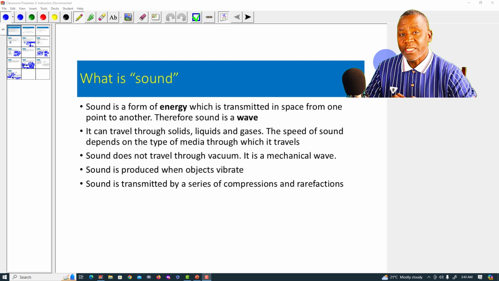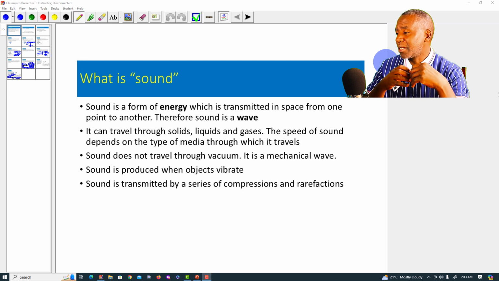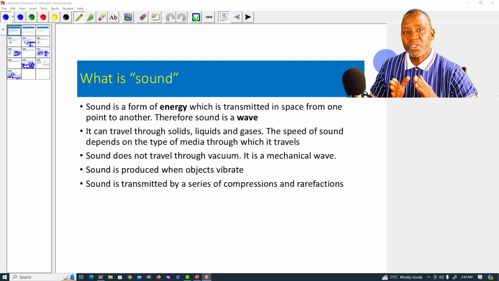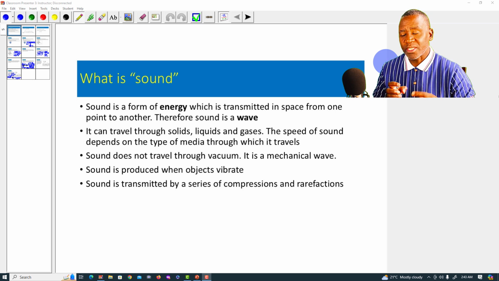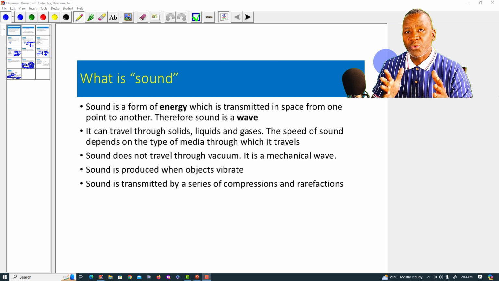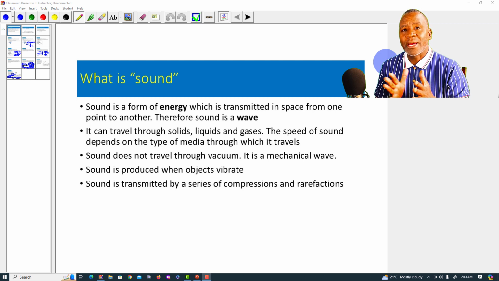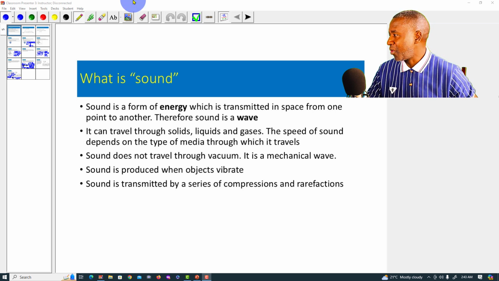Now, sound is transmitted through these media in a series of compressions and rarefactions. Compressions are high pressure regions when we are talking about sound traveling through air, and the rarefactions are low pressure regions. A high pressure region will be a region whereby the particles are very close. A rarefaction will be a region where the particles are spaced out more.